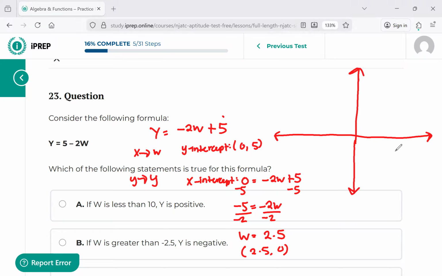So we said that our x is really w, and our y is really y. We have an x-intercept at 2.5 and a y-intercept at 5.